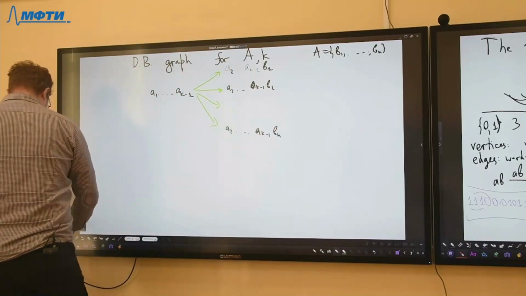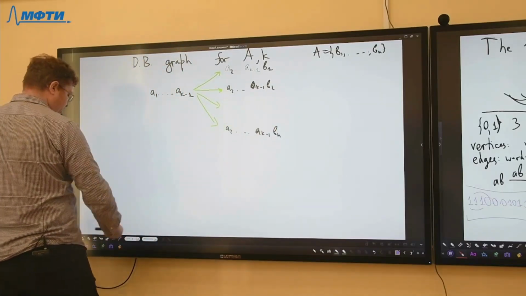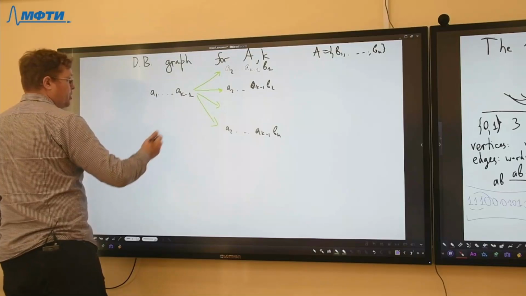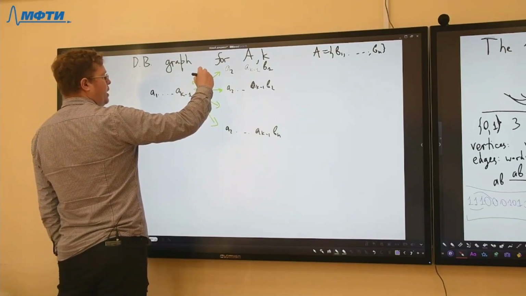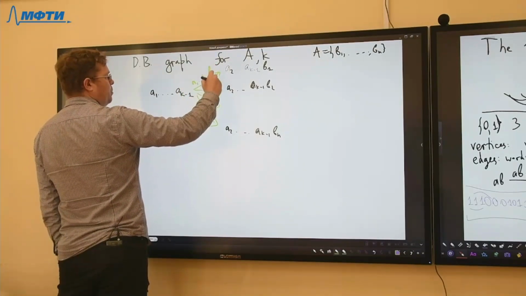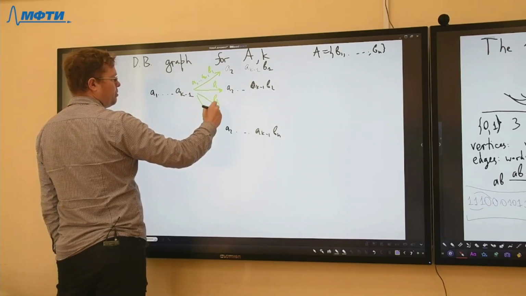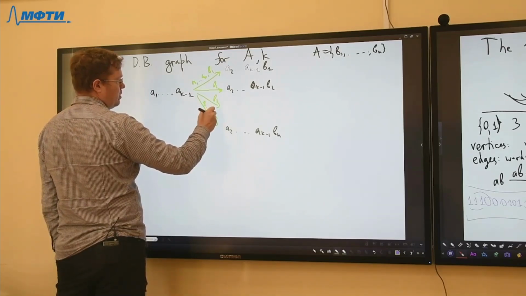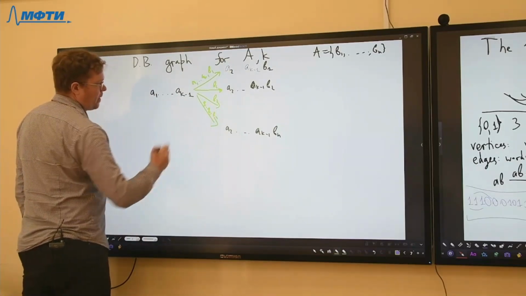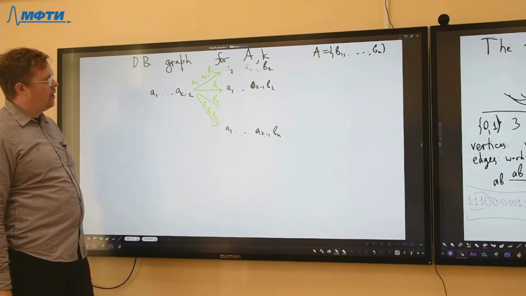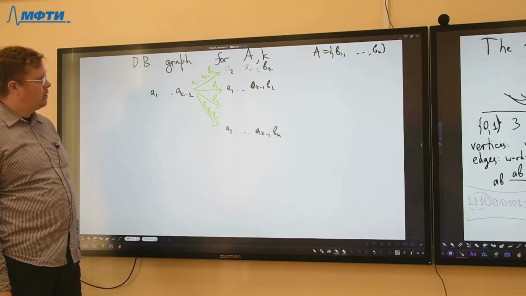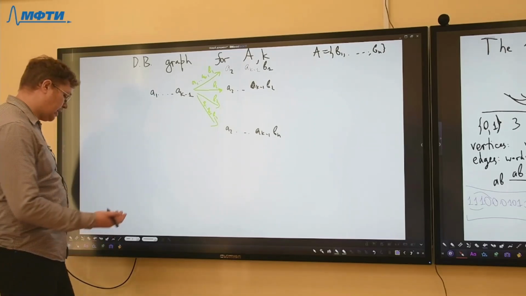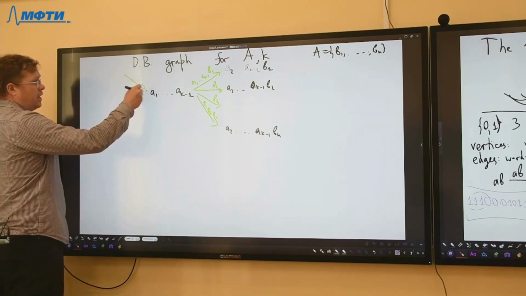And so the edges will be sequences of length k starting from a1, ..., a_{k-1} and ending in b1, b2, b3, etc., bn. So we have exactly n edges coming out. And the same goes for the edges coming in.